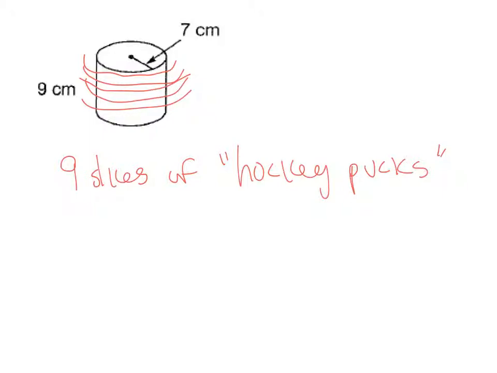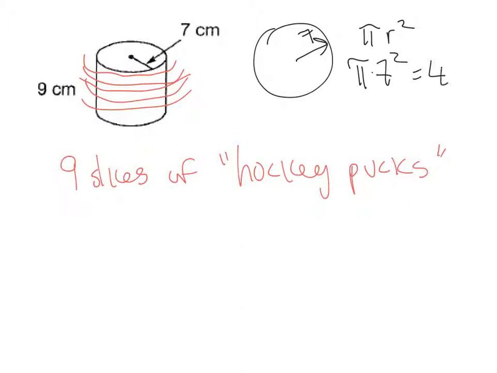The area of that circle is pi r squared, and that number tells us how many cubes can sit on that circle, and therefore how many cubes would be in a circle that is 1 layer thick. So you're going to have pi times 7 squared, or 49 pi, cubes in one slice.